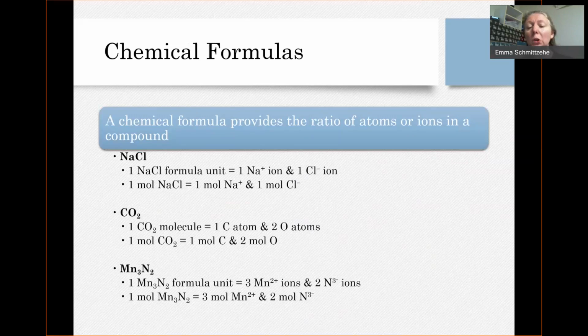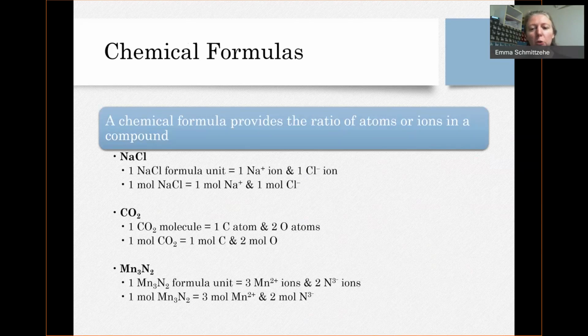You can also talk about this ratio in terms of moles instead of those individual particles, okay? Because if you have one formula unit, and that's one of each ion, then if you had 1 mole, you should have 1 mole of each of those ions, okay? Because we're just scaling it up by Avogadro's number.